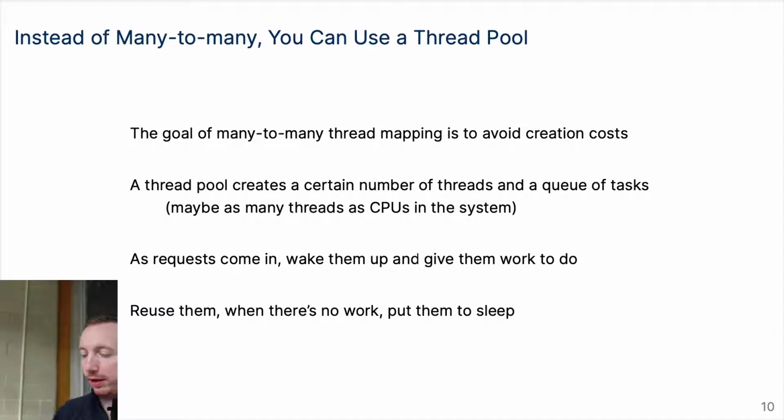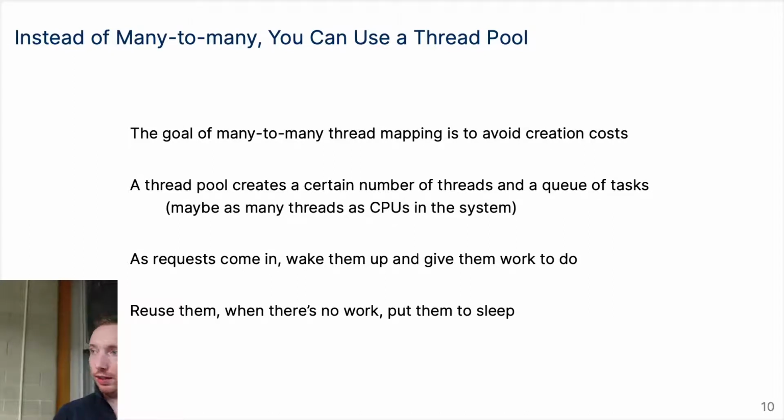So if the goal of many-to-many was just to avoid creation costs, I don't have to support many-to-many in my threading library. I could have a thread pool, which just creates a certain number of threads and a queue of tasks. Maybe, like I said before, you want the most parallelism, so you would create as many threads as CPUs in the system. Then as requests come in, a thread wakes up and is given some work to do, and as soon as it's done, it goes back to sleep.